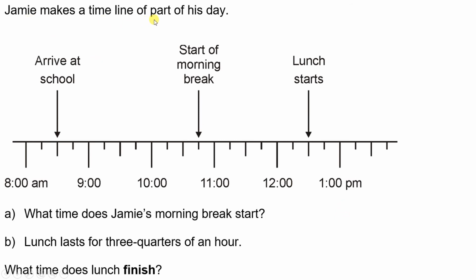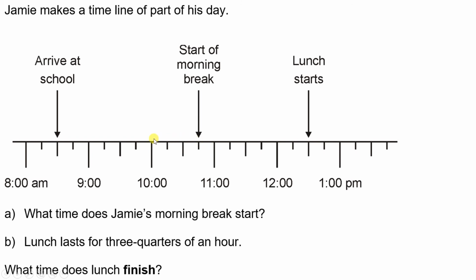Jamie makes a timeline of part of his day. What time does Jamie's morning break start? Well, we've got the start of morning break labelled here. Now we need to work out what each of these lines on his timeline represents. So between 10 o'clock and 11 o'clock, between every hour, we have 1, 2, 3, 4 lines.